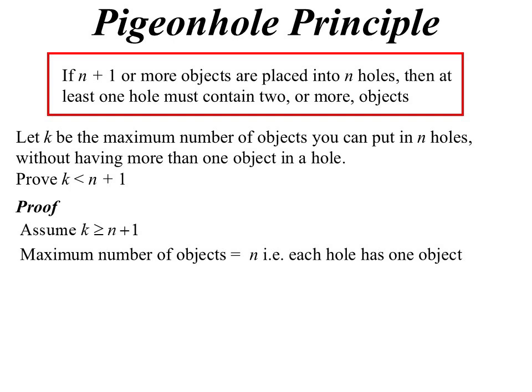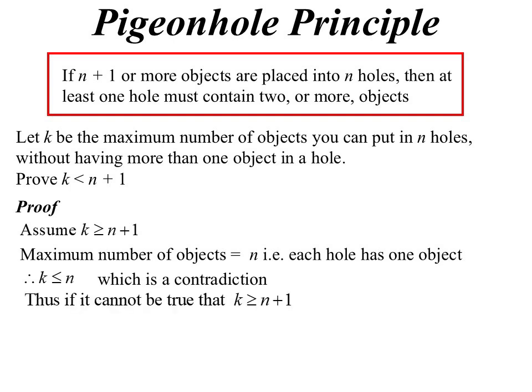In other words, each hole has one object. That would be the maximum number. So k has to be less than or equal to n. But hang on, I've assumed k is greater than or equal to n plus 1. Straight away I get a contradiction. Thus, it can't be true that k is greater than or equal to n plus 1. So k has to be less than n plus 1. I don't know how great a proof that is, but that's the sort of logic behind it.